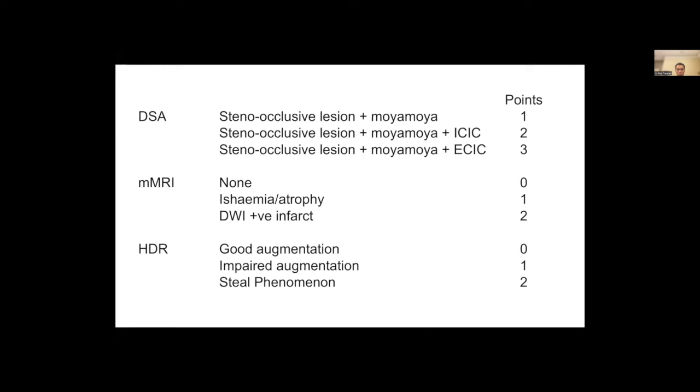Initially, xenon scan, and then towards the later part, we are now more so using either SPECT or MRI perfusion scan with and without acetazolamide. So all the different modalities, as long as they give us some idea of whether there is steal or impaired augmentation, then we were able to give them this score on hemodynamic reserve.